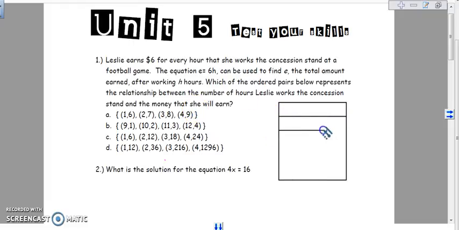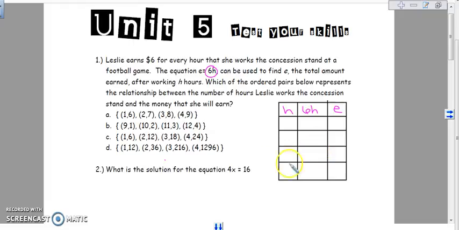So we're using the equation E equals 6H, and we're going to talk about our hours, and E is how much she earns.